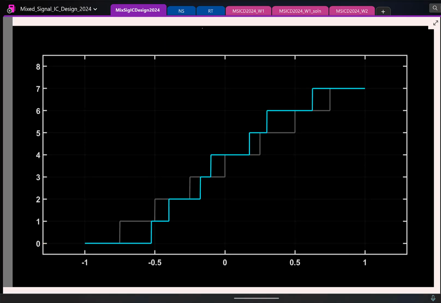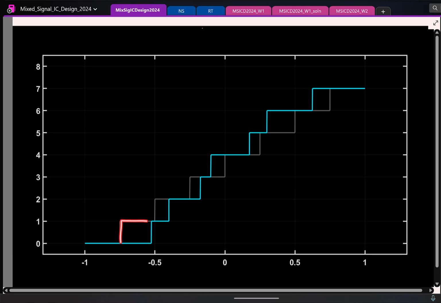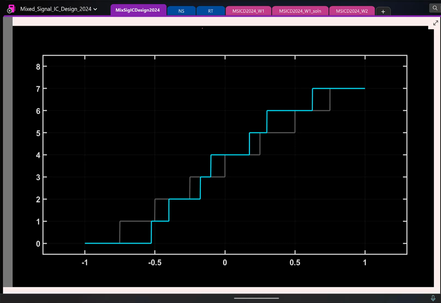Okay, so here to define the nonlinearity, we have to look at the quantizer characteristic and then define how much it is nonlinear. Okay, so here I am showing two things. One, the one in gray is the ideal, one in blue is a nonlinear one. So let me ask you this way.